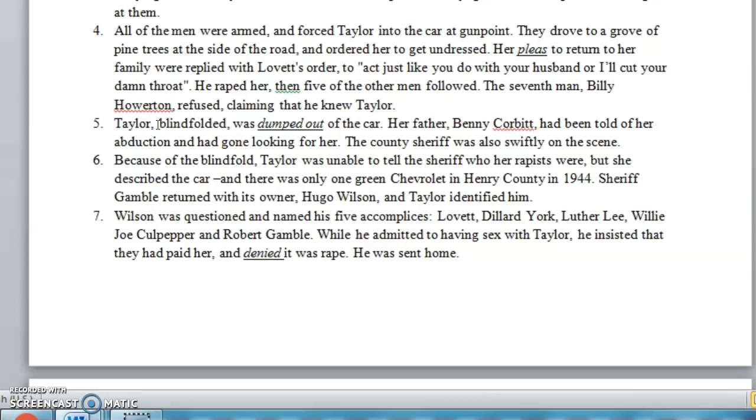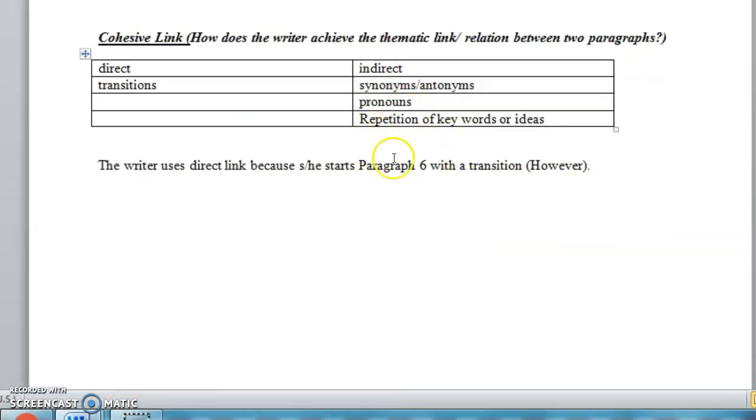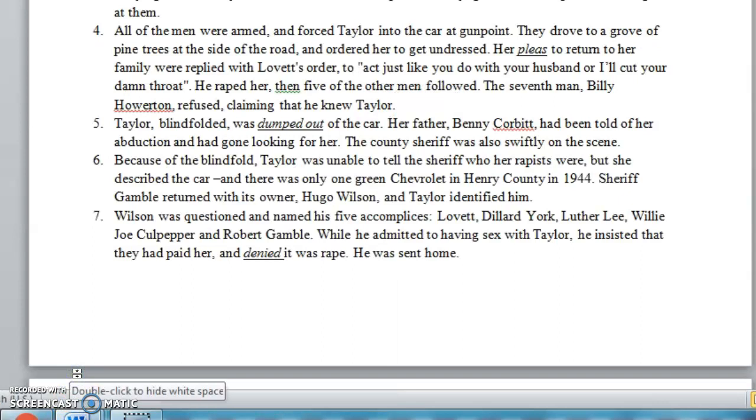So the link is not direct. Now we have to read the two paragraphs and we have to look for these things. Okay? So just take a couple of minutes to read paragraphs 4 and 5. Pause the video. Take 1 or 2 minutes to read paragraphs 4 and 5.